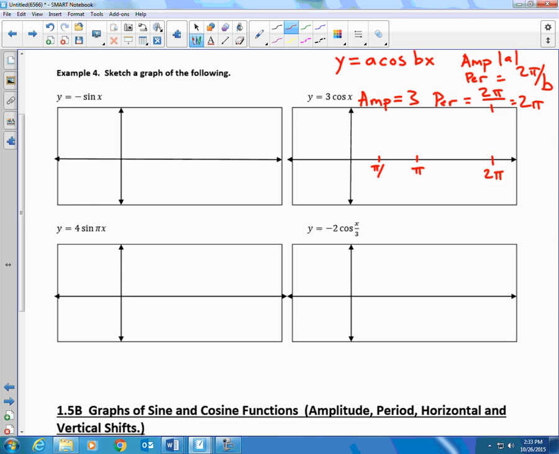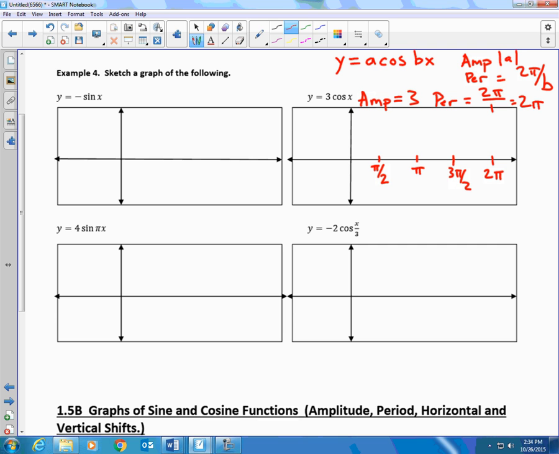Pi over 2. So let's figure out what goes in between there, because these are things you have to mark on your test. This is 1 pi over 2, 2 pi over 2, 3 pi over 2. So that's going to tell me where I can put the period.